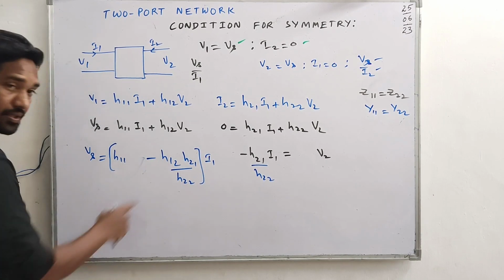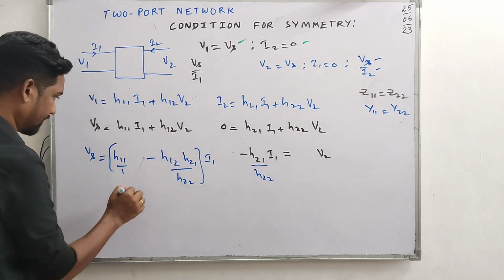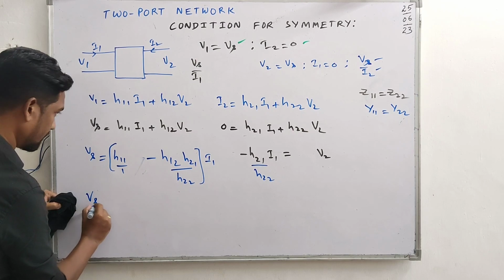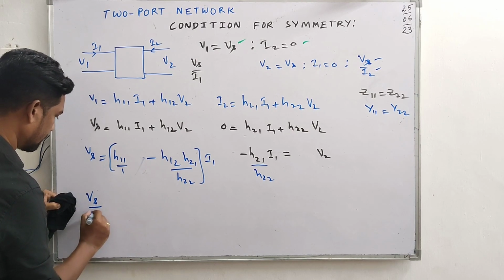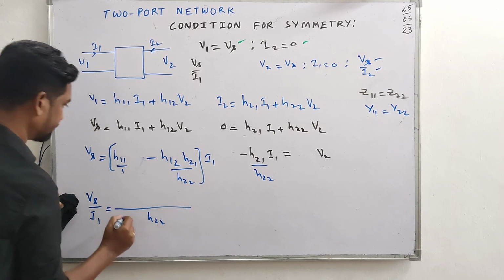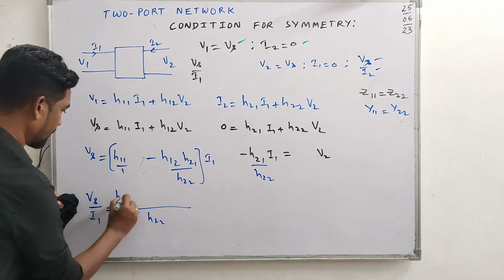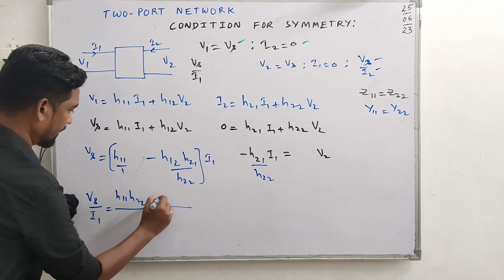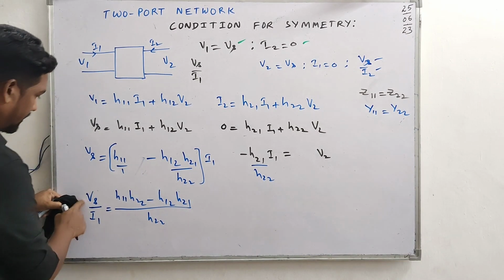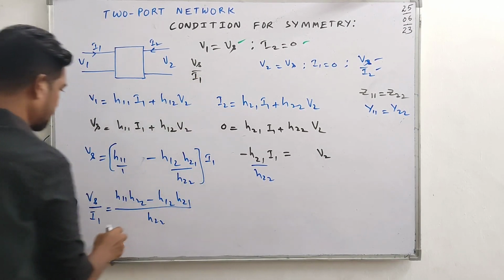Simplifying, what do we have is, hey guys, Vs upon I1 equals h11 h22 minus h12 h21 upon h22, that ratio Vs upon I1 which we are searching for.